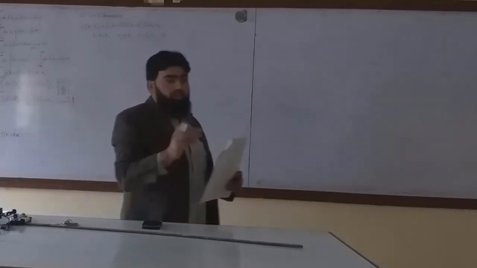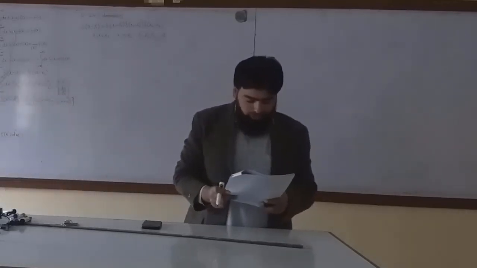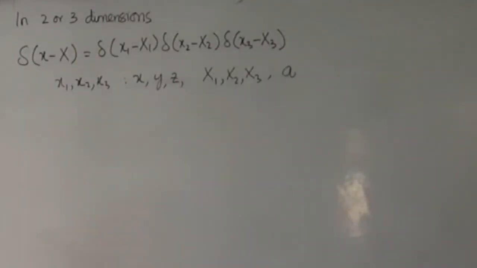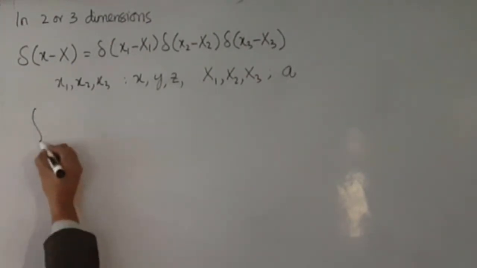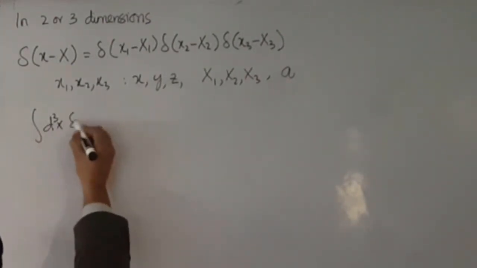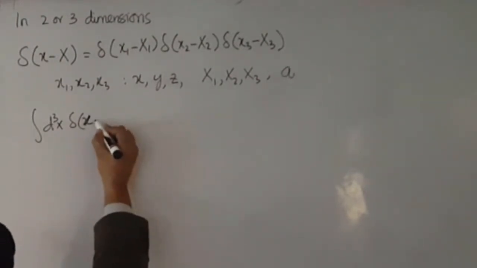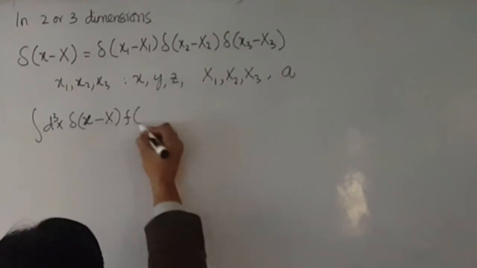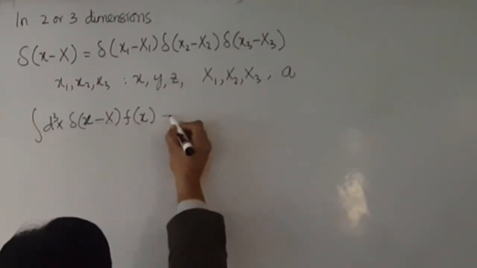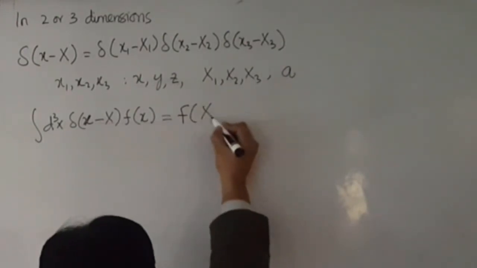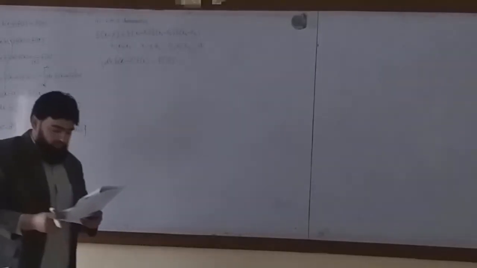So they are some specific points. Then I can write that our delta function, d cube x delta(x minus X) f of x, will become equal to f of capital X. Right?